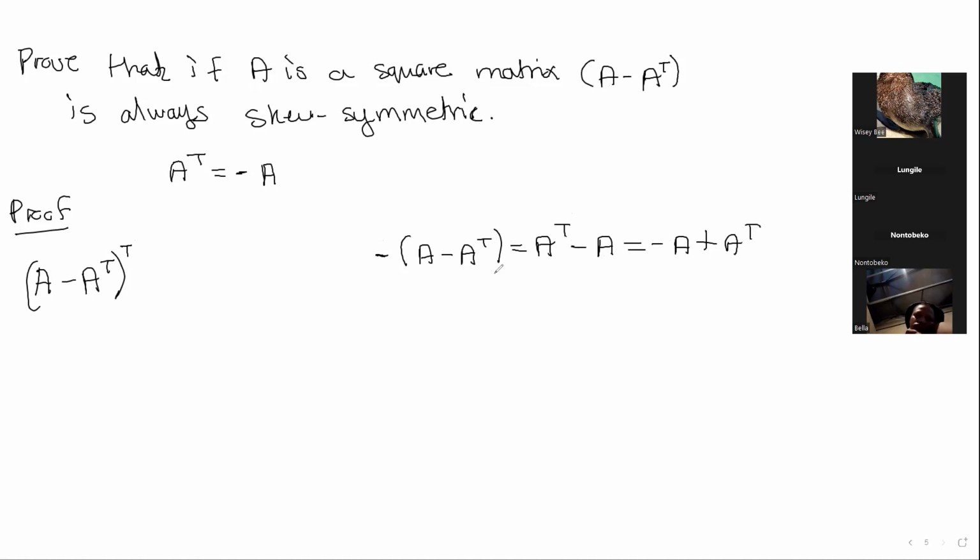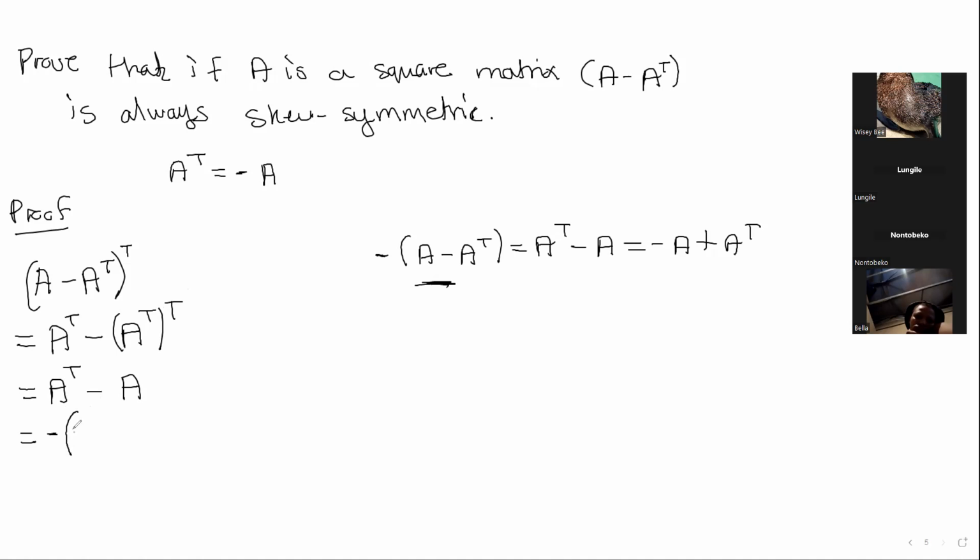Basically we're looking for something like this. We can always factor out a negative. Using the rules, the transpose is AT minus A transposed transposed, which is AT minus A. But we're looking for this, so we factor out a negative.